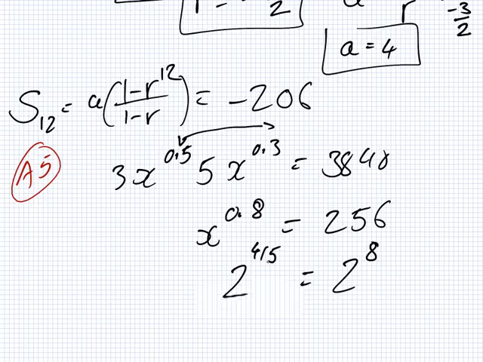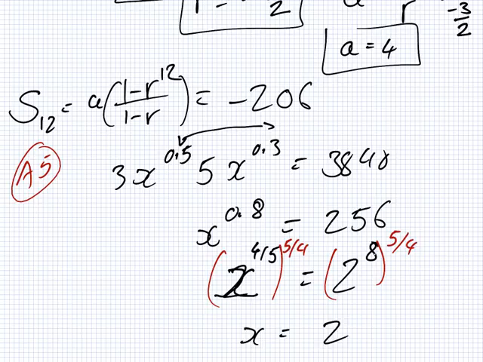So what you could do here is put 5 over 4, 5 over 4. So then we get x equals, 4 into 8 twice, so that would be 2 to the power 10, which is 1024.